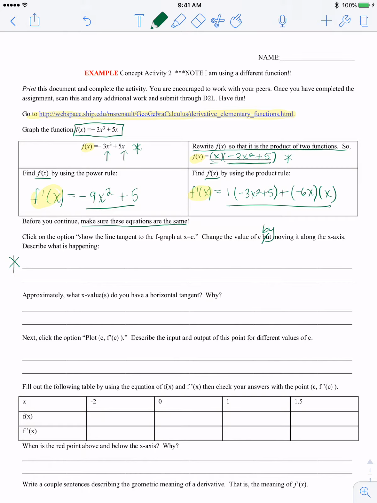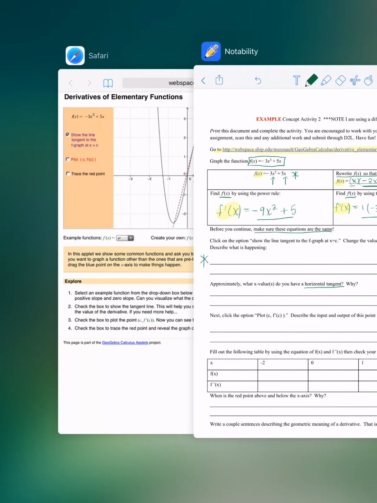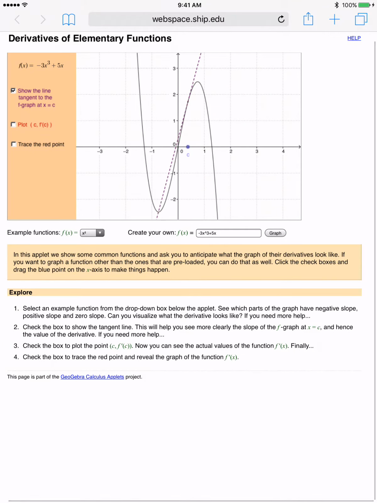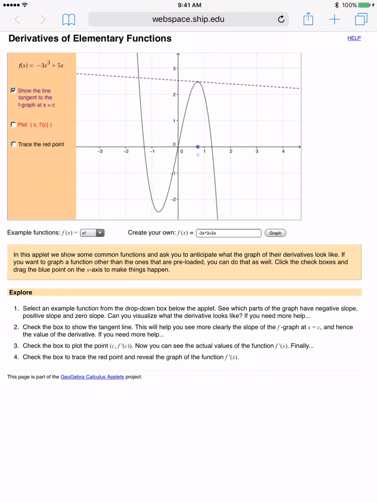Approximately, at what x values do you have a horizontal tangent? Explain why. So you'll go back over to your applet and you'll look for whenever the tangent line is horizontal. So it looks like for my function, it's horizontal maybe at x is equal to around 3/4. You'll be approximating this value here, for now at least.